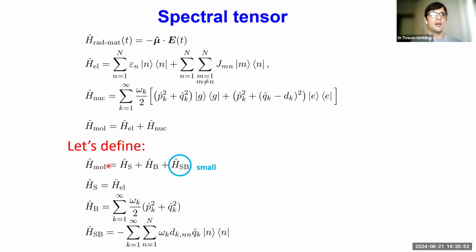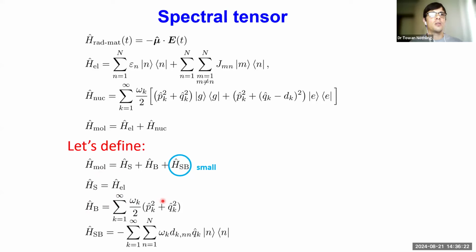We will consider the molecular Hamiltonian as having a system part and a bath part, and then a system bath interaction part. The reason for this is that we can consider this system bath interaction part fairly small and then perform perturbation expansions. In this partition, the system part is just the electronic Hamiltonian.